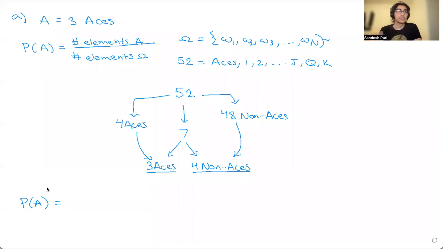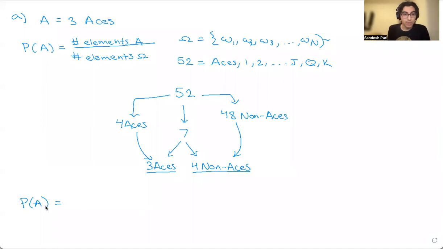So, for example, if this question said, what's the probability that you get one ace on the first draw and then another ace on the third draw, or the third ace on the fifth draw, right? That's when the order would matter. However, in this question, the order does not matter because it says out of these 7 cards, include exactly 3 aces. That could mean the aces are the first 3. It could mean that the aces are the last 3 or in the middle. It doesn't matter. So the order does not matter. Therefore, it is a combination question.